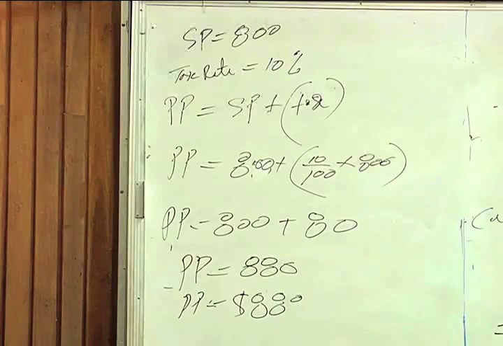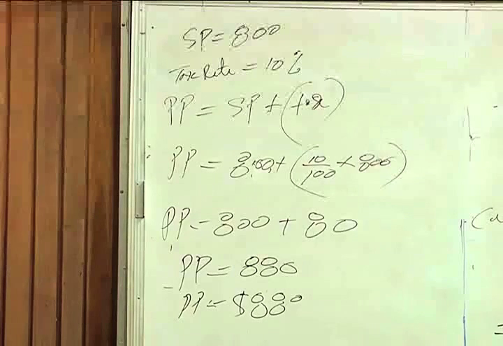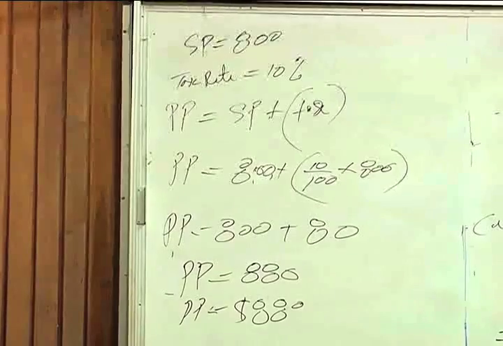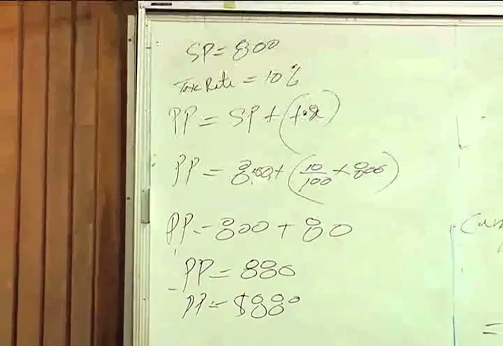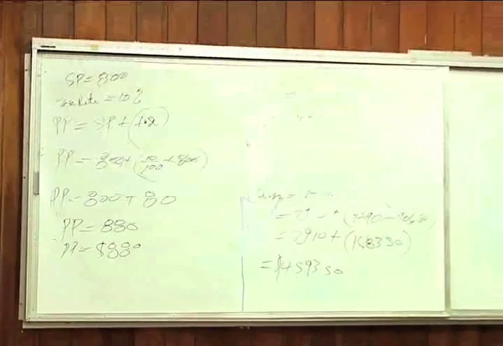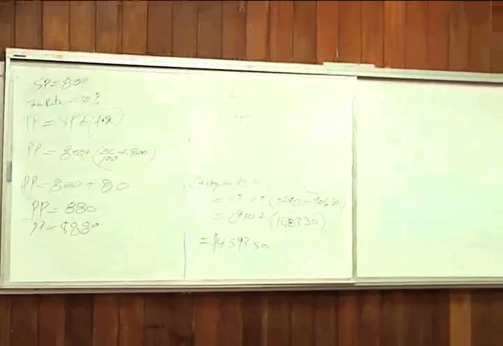A person buys a washing machine for $990. The price including a sales tax of 10%. What is the price of the machine exclusive of tax?